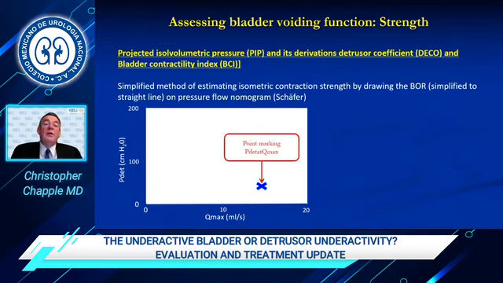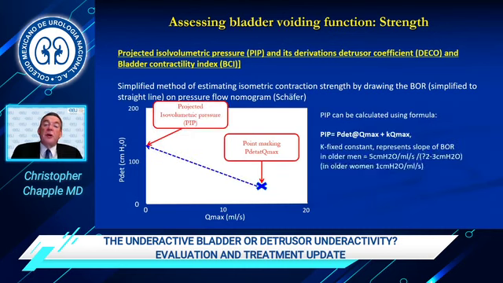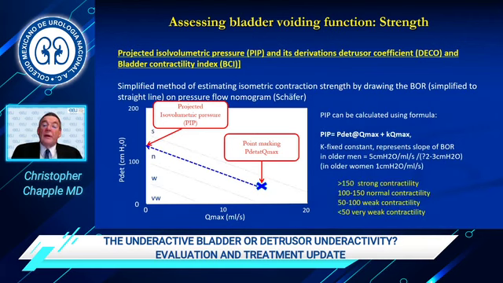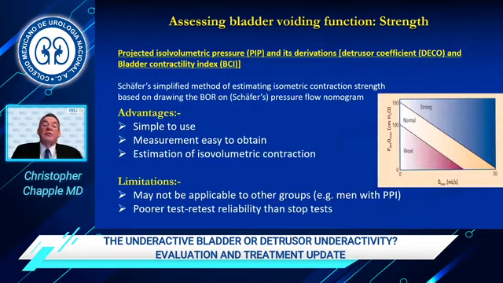Taking this further forward, one can look at the PIP, which is the projected isovolumetric pressure, which you do during a stop test during urodynamics. And you can see that you can use this as well to differentiate between a weak and a strong detrusor. This is simple to use.